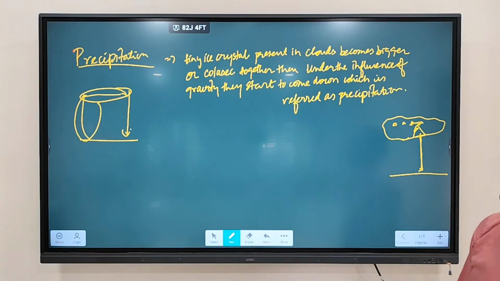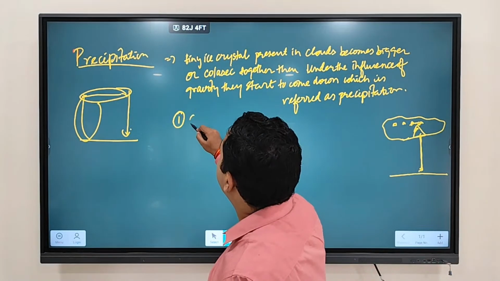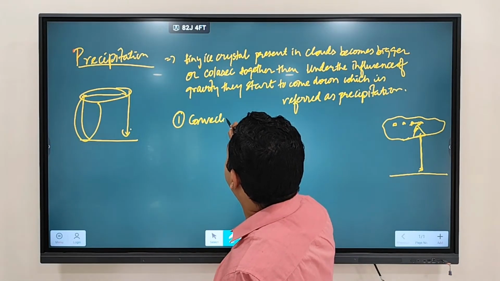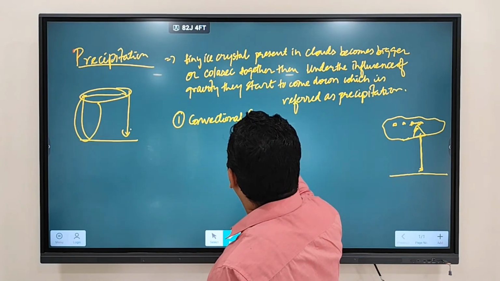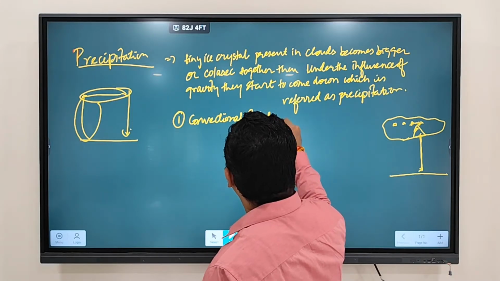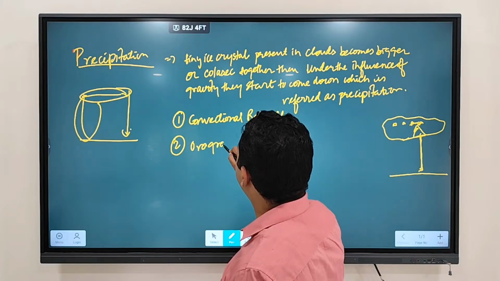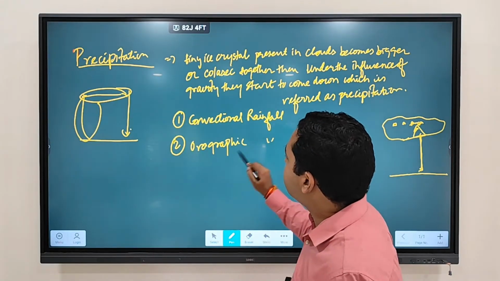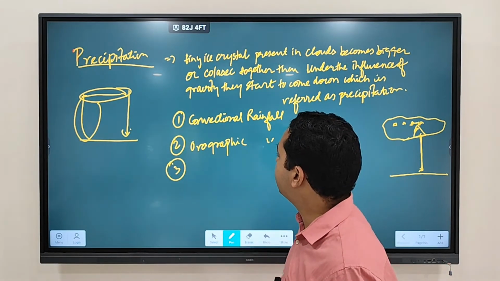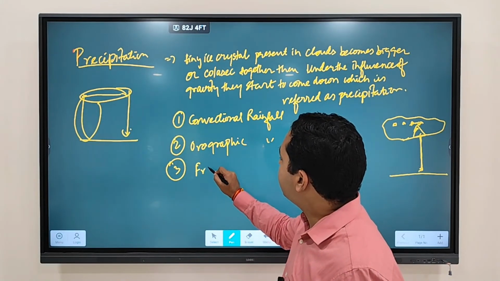There are different types of precipitation. One is called convectional rainfall. The second type is referred to as what? Orographic rainfall. And the third is referred to as frontal rainfall.